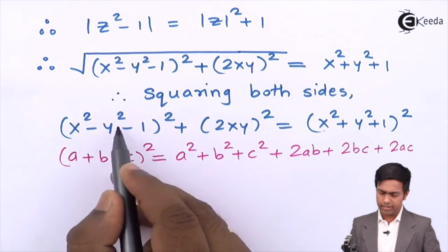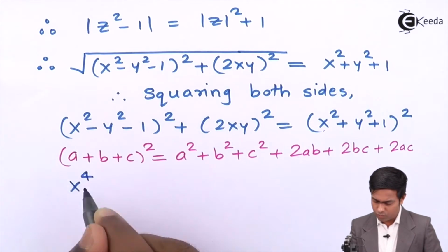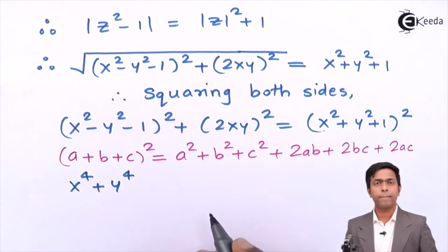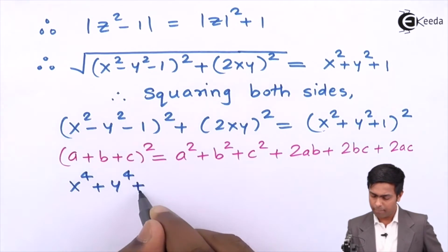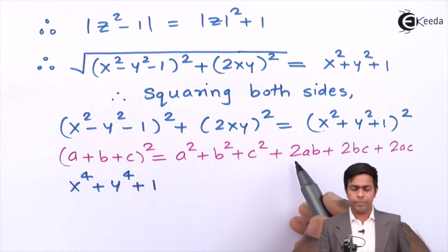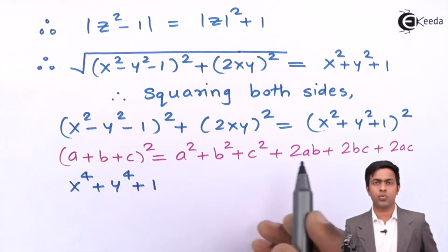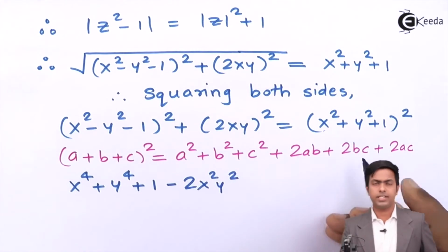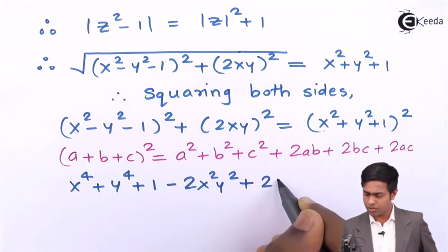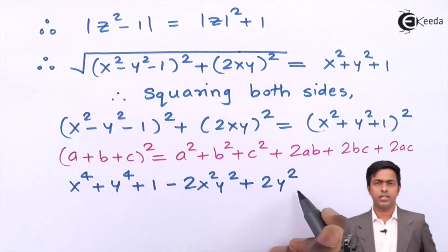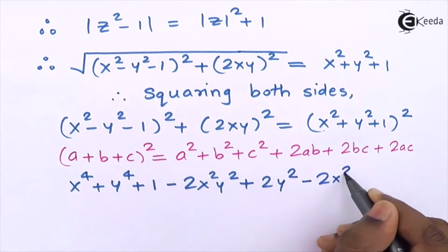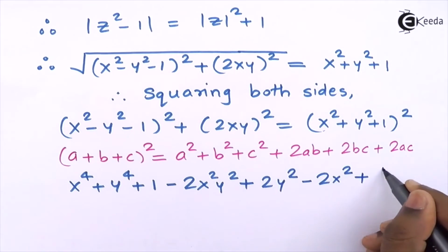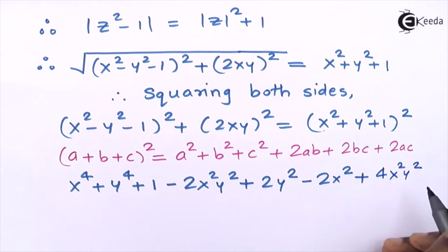The left side will be x raised to 4 plus y raised to 4 plus 1, then 2ab: a is x square, b is minus y square, so that becomes minus 2x square y square; 2bc becomes plus 2y square; and 2ac gives minus 2x square; plus the square of the imaginary term, which is 4x square y square.